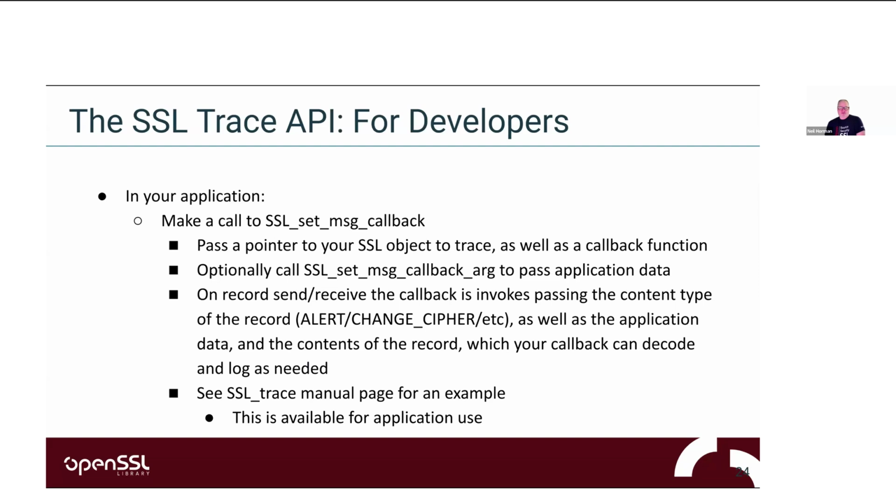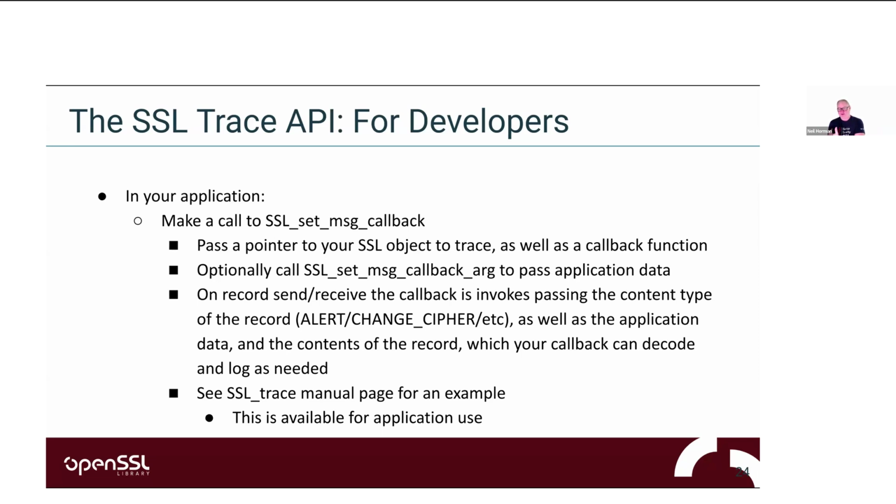So for developers, above and beyond selecting the default for using the SSL trace API, your application needs to make a call to SSL_set_msg_callback. This API accepts a pointer to your SSL object to trace, as well as a callback function. Not surprisingly, you can also set a message callback arg, which allows you to pass application-specific data every time that callback is invoked.